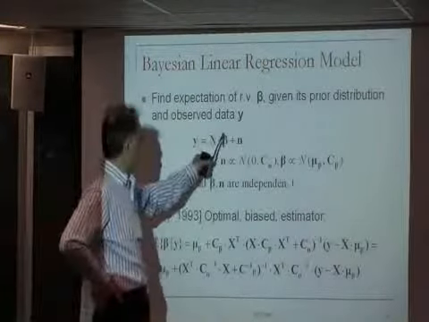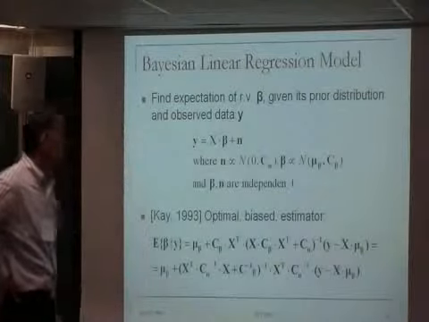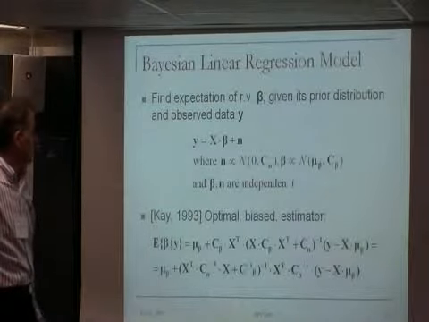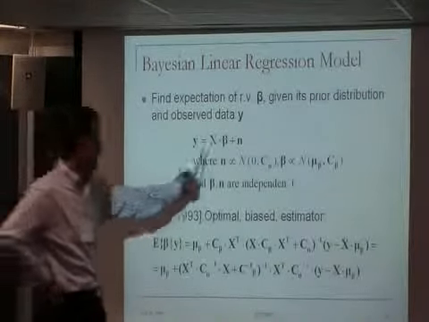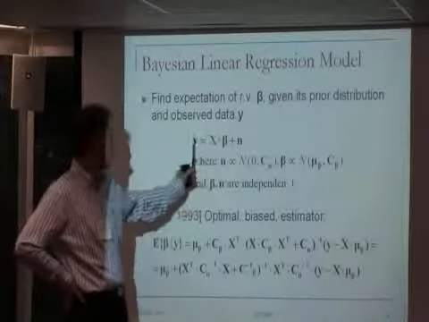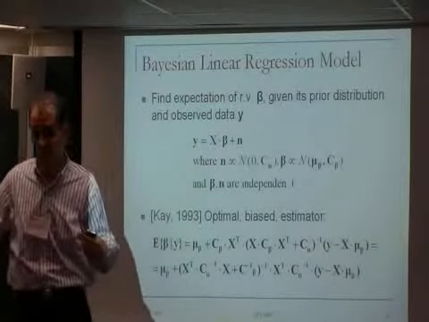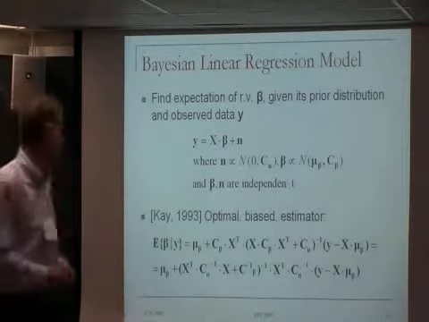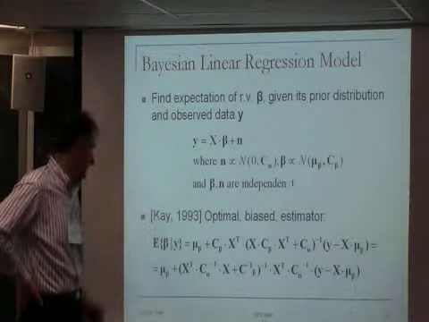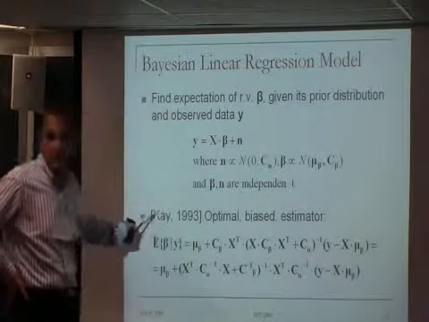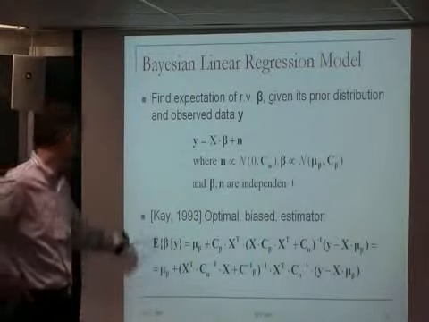So I have some priors on beta. Now, what is the expectation of the random variable once I see more data? That's a conditional expectation, the optimal solution as defined in many books.